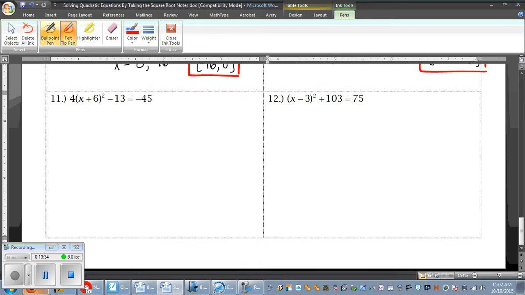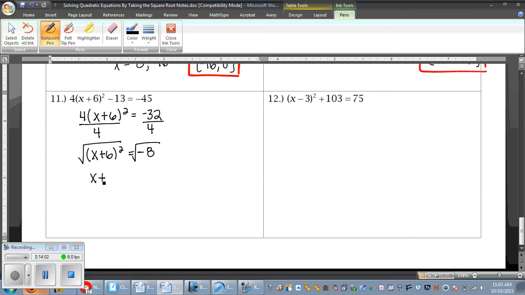Last two. On number 11, I'm going to add 13. And divide by 4. When I go to take the square root, not only am I taking the square root of a negative number, but it's also not a perfect square.